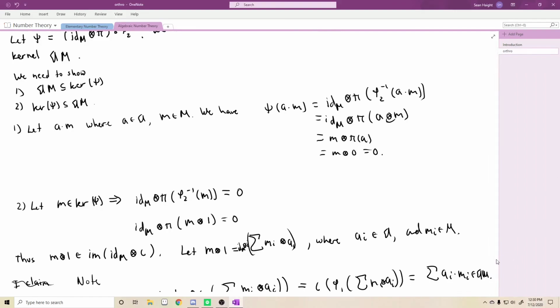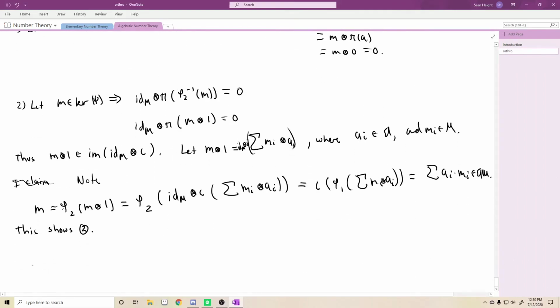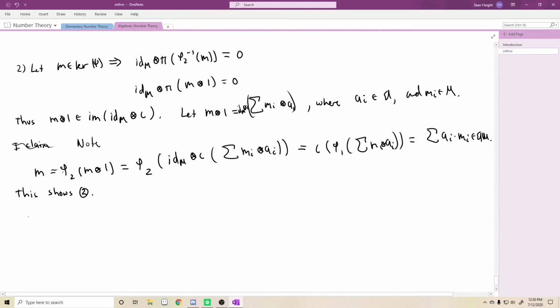There's one last thing I need to say about tensor products. Essentially, I can take tensor products of modules or I can take tensor products of algebras and still give them an algebra structure.